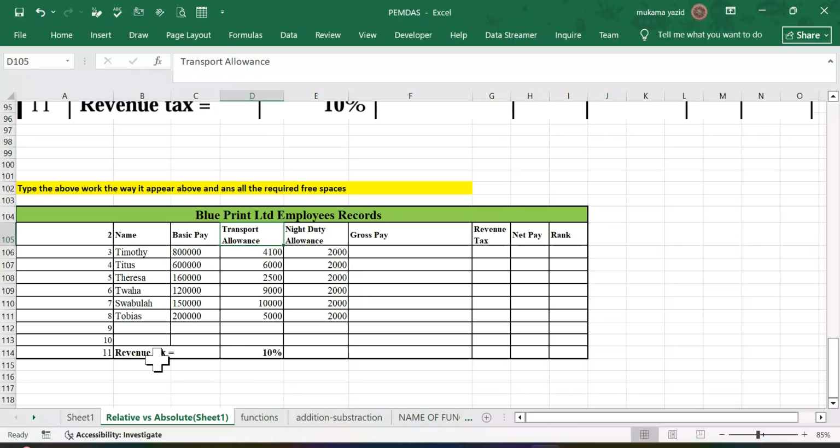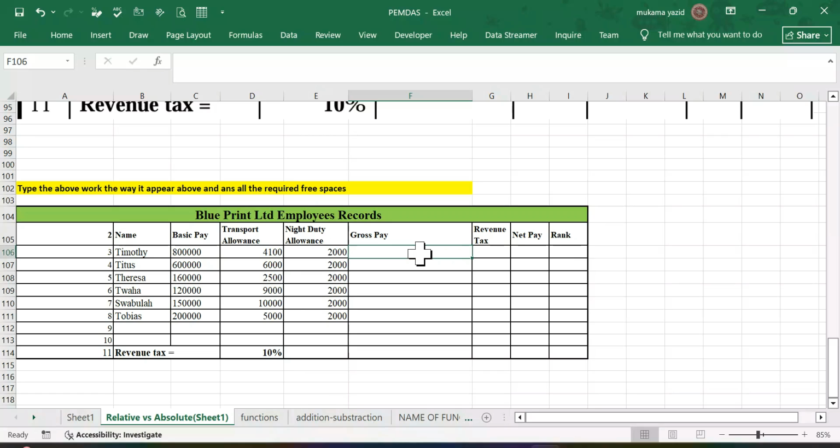They said revenue tax is 10%. Net pay, we are going to find a way to get them. What is gross pay? How do we get gross pay? Gross pay is the total amount we get, or revenue. But you have basic, and this is transport allowance, and even duty allowance.